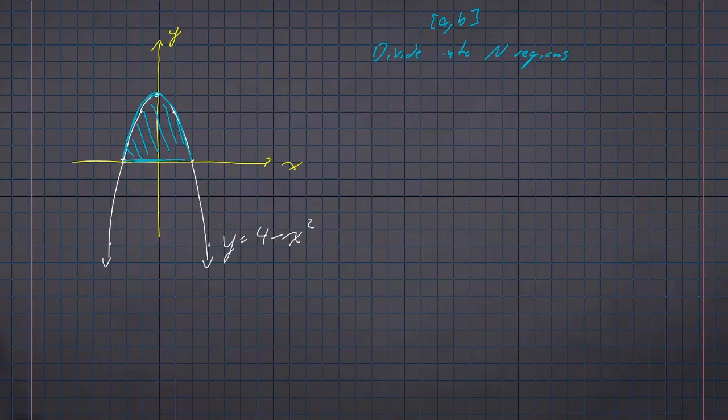And if we do, then the width of each piece, which we're going to represent this time using delta x instead of h, is going to be the total length of the interval, b minus a, divided by the number of pieces. B minus a over n gives us the length of each piece when we chop this interval into n pieces.